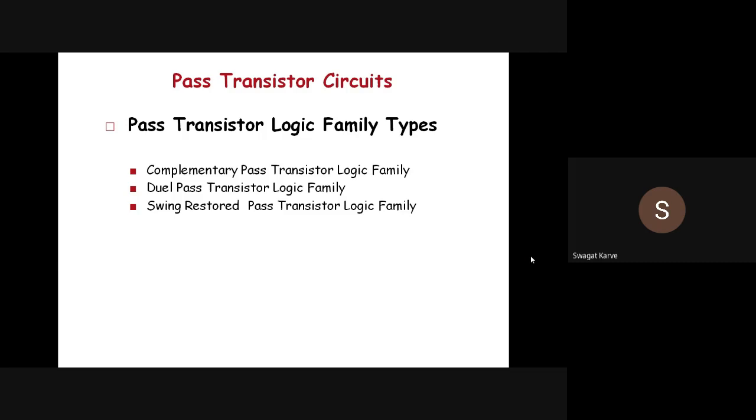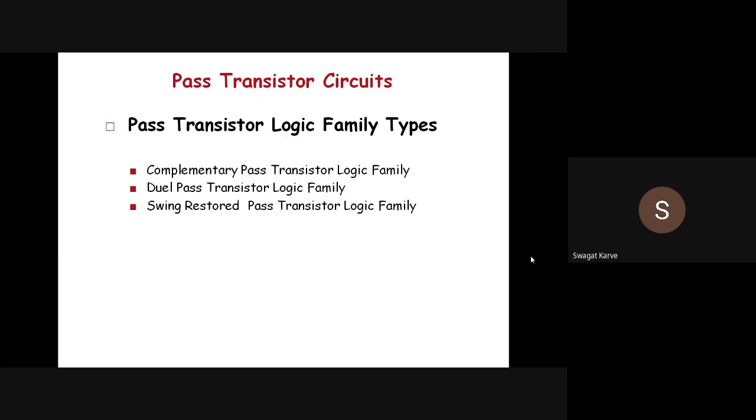Why? Because PMOS is capable of transferring strong 1, NMOS is capable of transferring strong 0. That means the drawback of NMOS and PMOS is compensated by themselves.